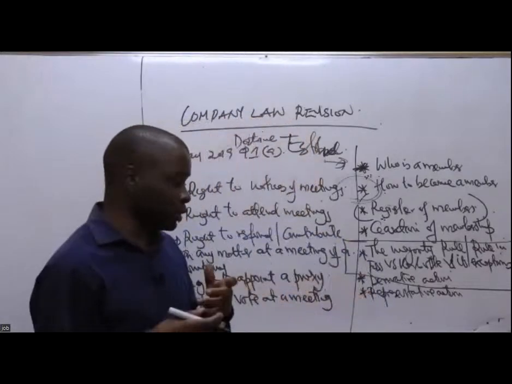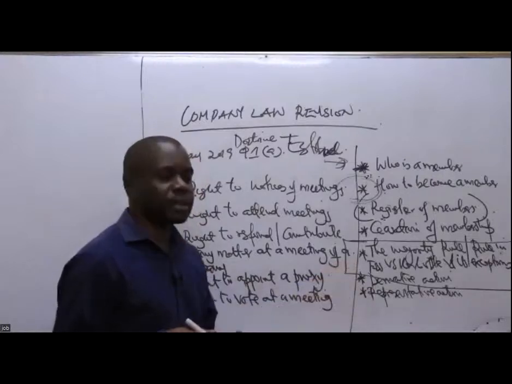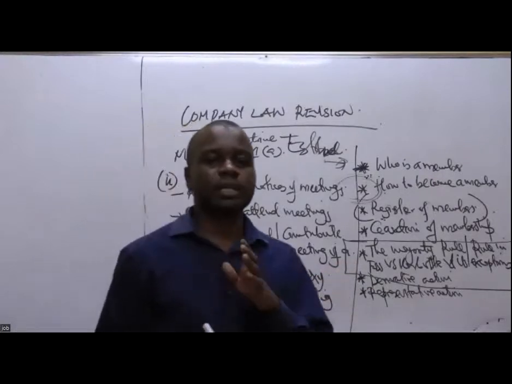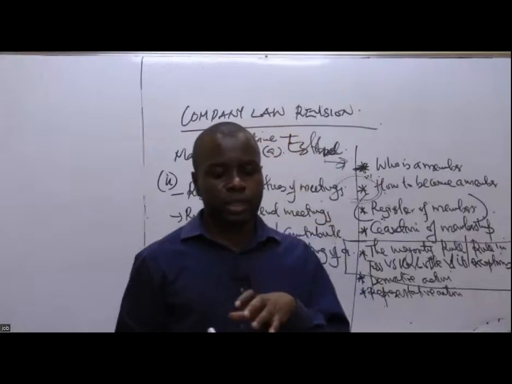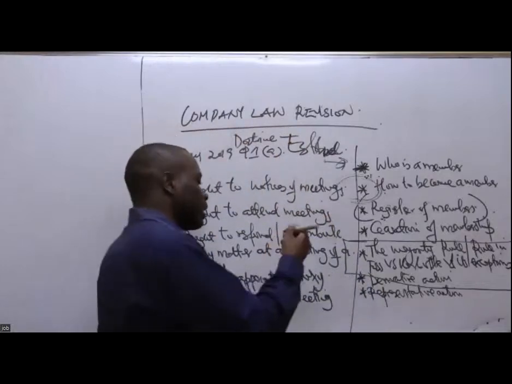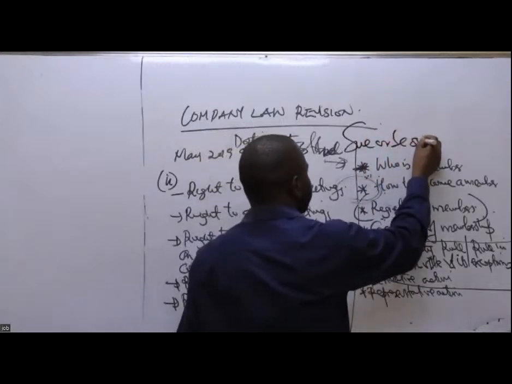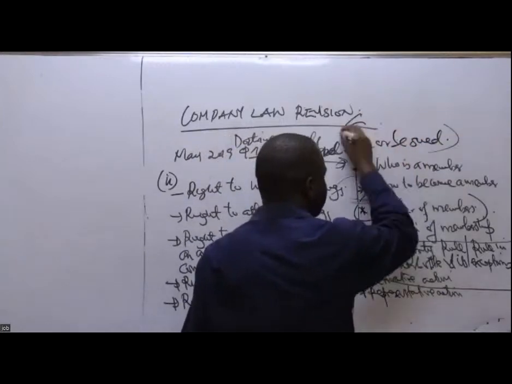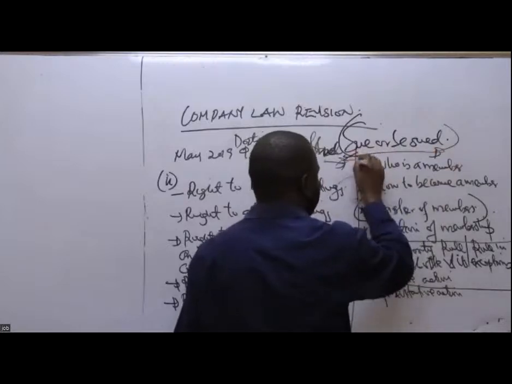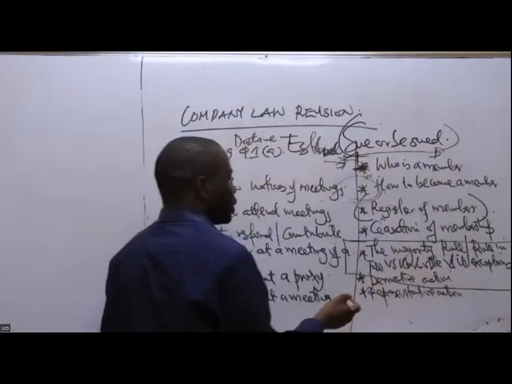So you can see it recognizes that a company is always a separate legal entity. It is a person on its own, and therefore it can sue or be sued. So that is what this particular rule states.